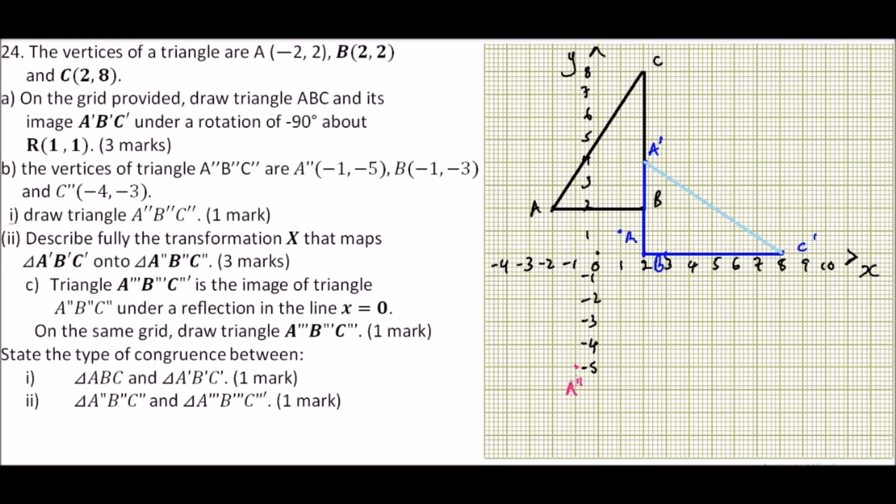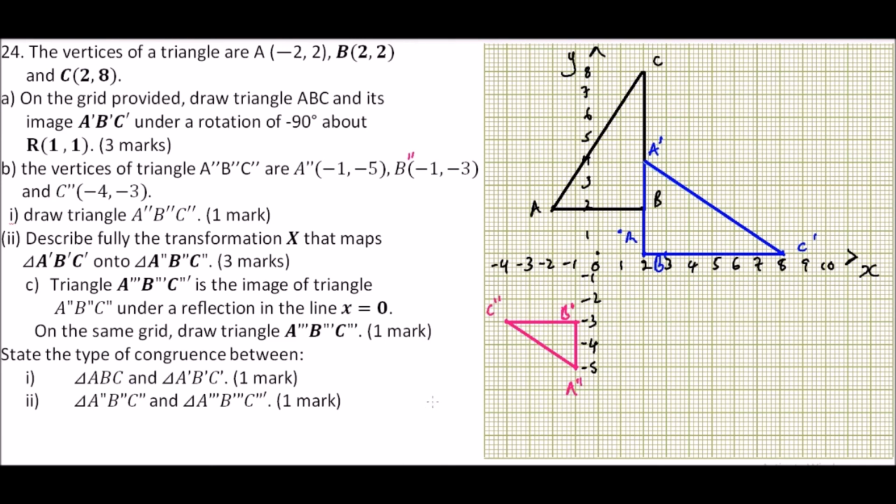B double prime is minus 1, minus 3. That is our B, and we have our C as minus 4, minus 3. So we have our C at that point. So we join the 3 points to come up with a triangle. So that is our triangle.